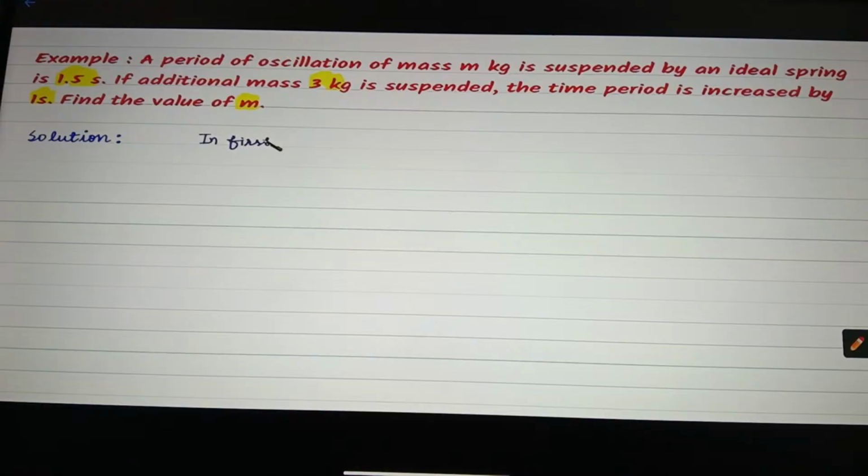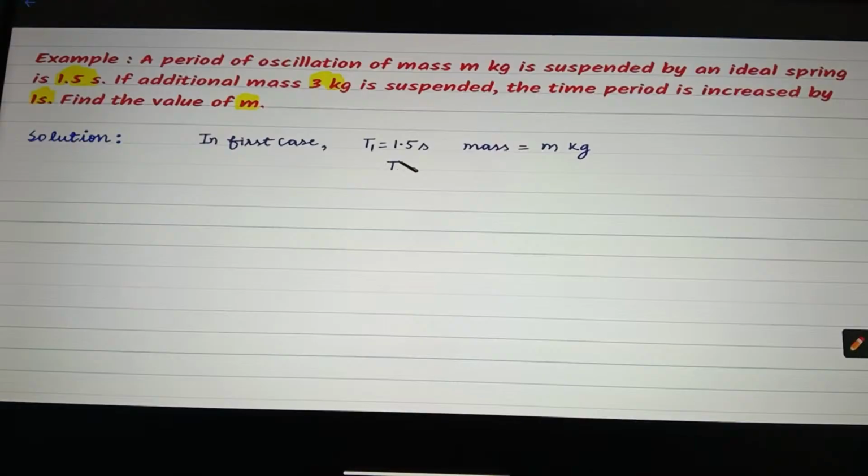In the first case, T1 is equal to 1.5 seconds, and let the mass be m kgs.